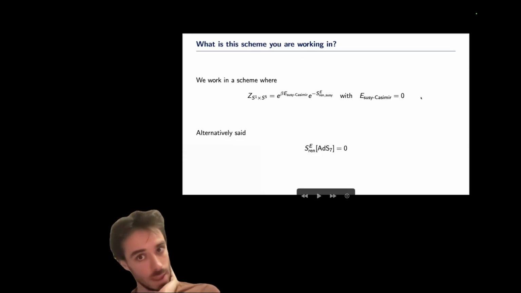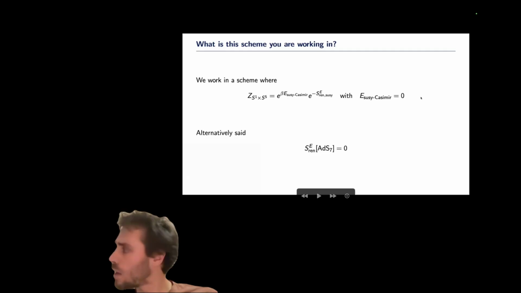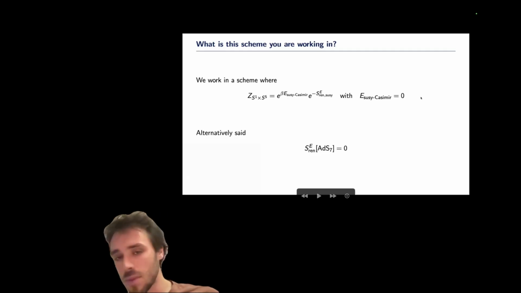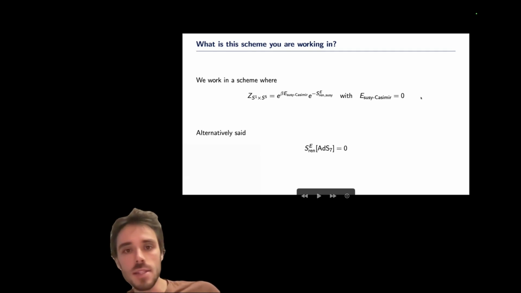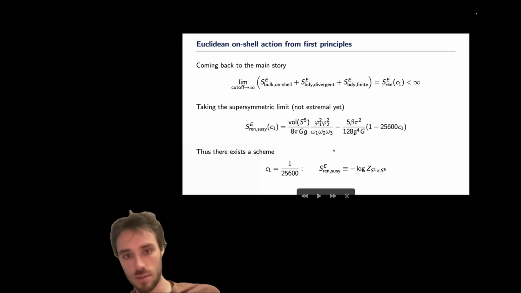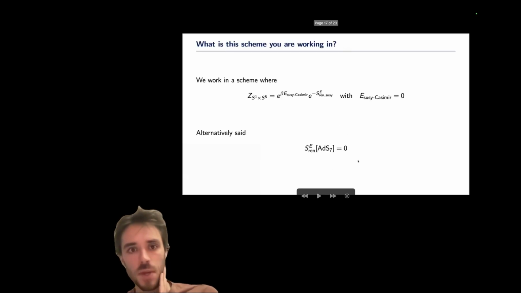It's very important to say that all of these being scheme dependent, it's unclear if there is a unique scheme that would fit all. The one that I'm using is such that I have set this to zero because I directly match the action that I calculated with the minus log of Z, which means that I'm implicitly setting this to zero.